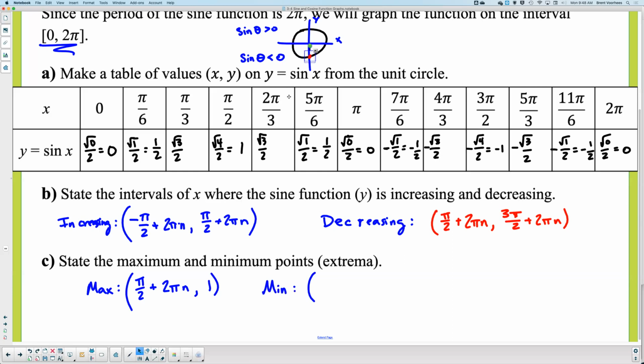What value is that in radians? 3 pi over 2, that's right. So any multiple of 2 pi added to 3 pi over 2 would satisfy a minimum. And that minimum would be how low? -1. There you go. This is for all 4 of these, where n is any integer, meaning positive or negative whole number.